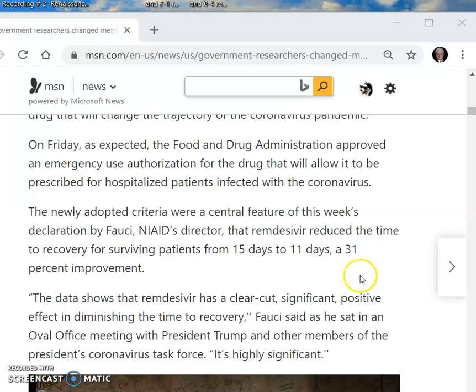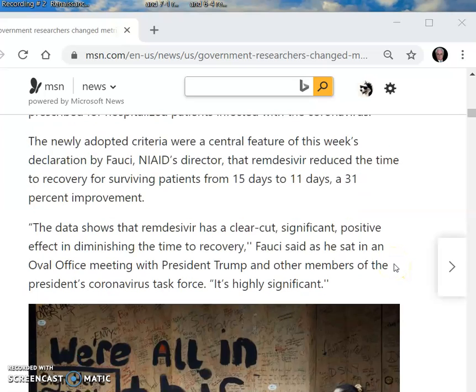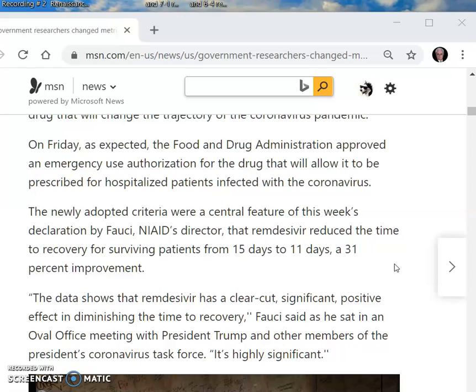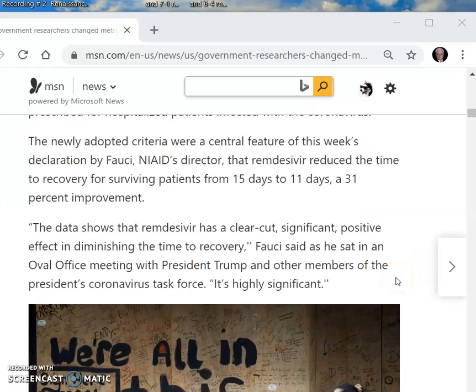If they had published that, every student in this class would have been able to do the statistical hypothesis testing you would need to decide whether 15 days compared to 11 days is a significant difference. Just saying that's a 31% improvement is not a scientifically valid statement, because you have not told me what the variance is, okay?